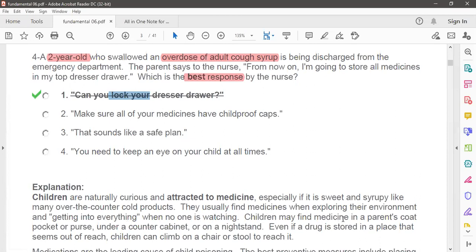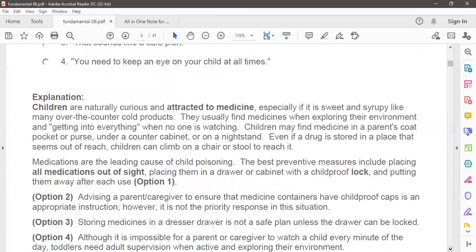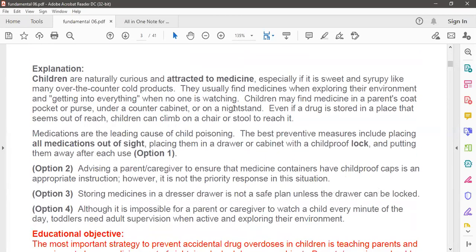Children may find medicine in a patient's coat pocket, under the counter cabinet, or on a nightstand. Even if a drug is stored in a place that seems out of reach, children can climb up on a chair or stool to reach it. Medications are the leading cause of child poisoning, right? So it is very important to take care of it.